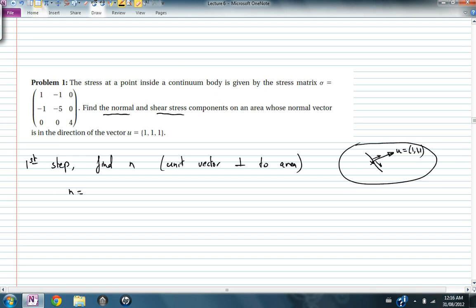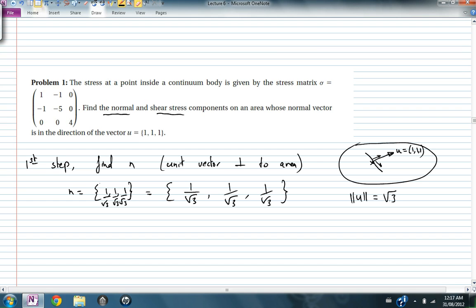So n in this case is equal to 1, 1, 1, of course, divided by square root of 3. Make it clearer, 1 over square root of 3, 1 over square root of 3, 1 over square root of 3, where the norm of u is equal to square root of 3.